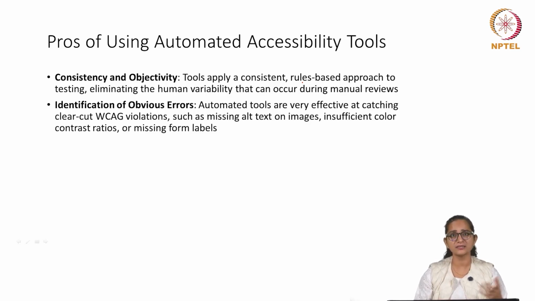For example, I think we discussed this earlier, sometimes we may just look at the interface and feel, yeah, this looks nice, the color contrast looks fine, because it seems like a high contrast. So, I do not think it will be a problem. But although it may seem obvious by looking at it, it may be failing the criteria by a small percentage.